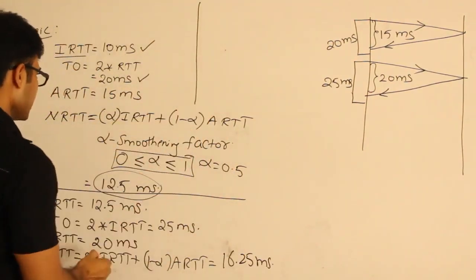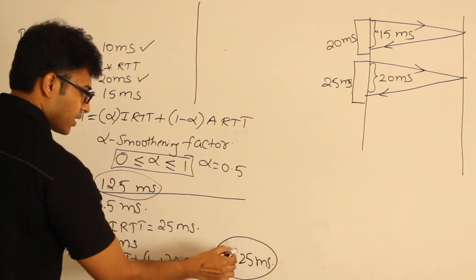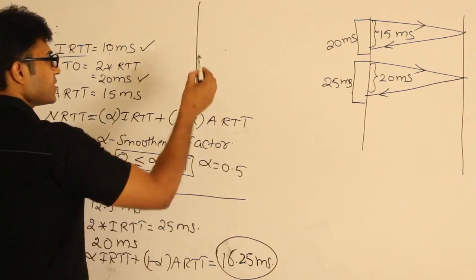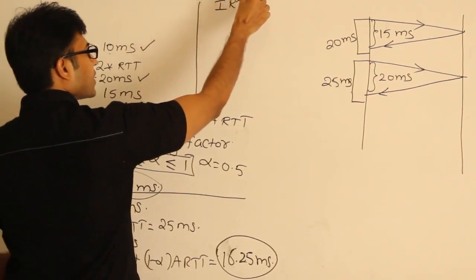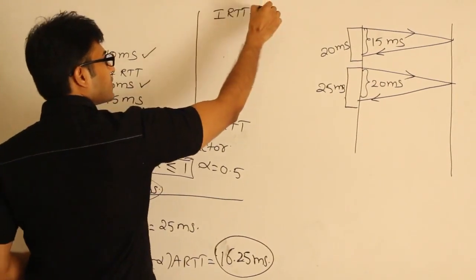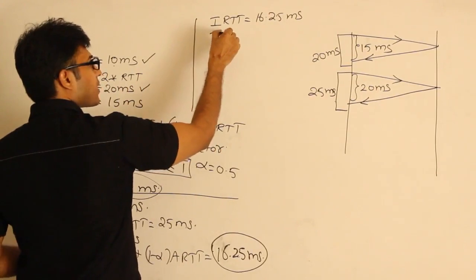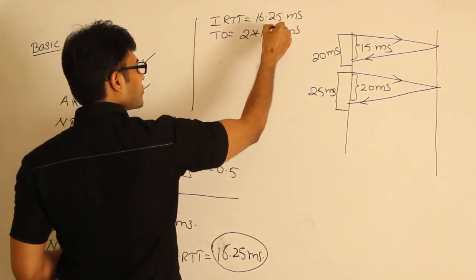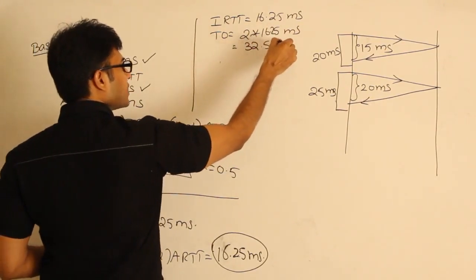Therefore, this is the next guess. For the next packet, we are guessing that the RTT is going to be 16.25 milliseconds. So for the next packet, the initial RTT will become 16.25 milliseconds. Therefore, for the next packet, the timeout will become 2 into 16.25 milliseconds, which is nothing but 32.5 milliseconds.